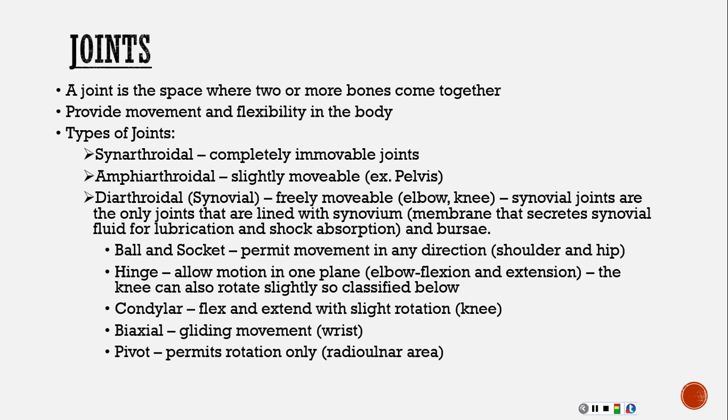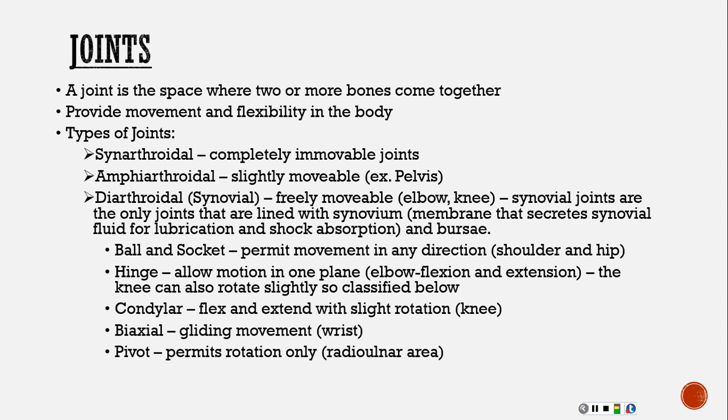Specifically, you've got ball and socket joints. This is a type of synovial joint. It permits movement in any direction. These are found in the shoulder and hip. Hinge joints allow movement in one plane, like elbow flexion and extension. The knee can also rotate slightly, so it's a little more than a straight hinge joint.